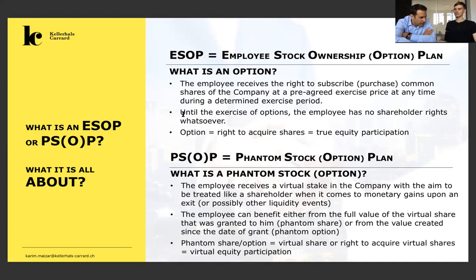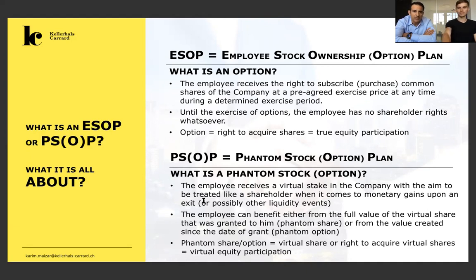And it's owed to the fact that in the past years, there has been a surge in the use of virtual participation programs. So instead of giving out real equity, people reverted to virtual shares in the company, and they were labeled phantom shares or phantom stock options, which helps explain why there is this terminology out there with the PSOP. But at the end of the day, don't be confused.